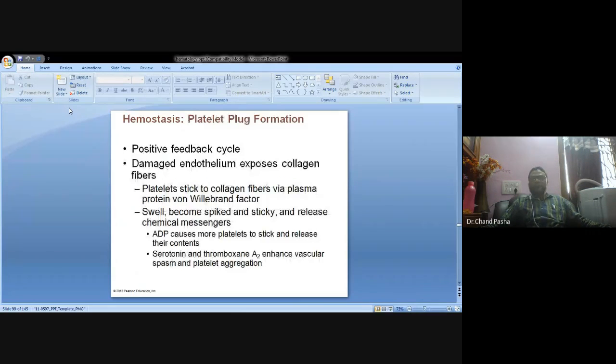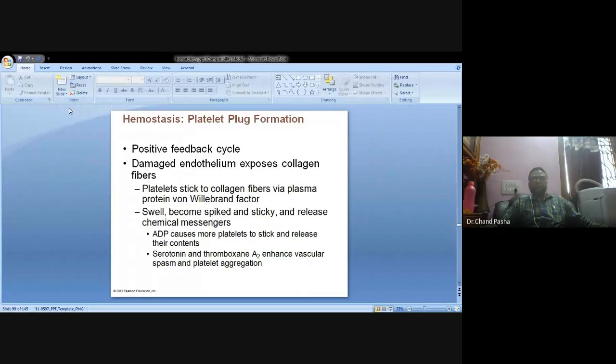So the first step is vasoconstriction. Whenever there is vasoconstriction, fluid will accumulate over there, which is called spasm. That leads to slight swelling in that area. Wherever there is a small cut, you will see edema or swelling in that area.